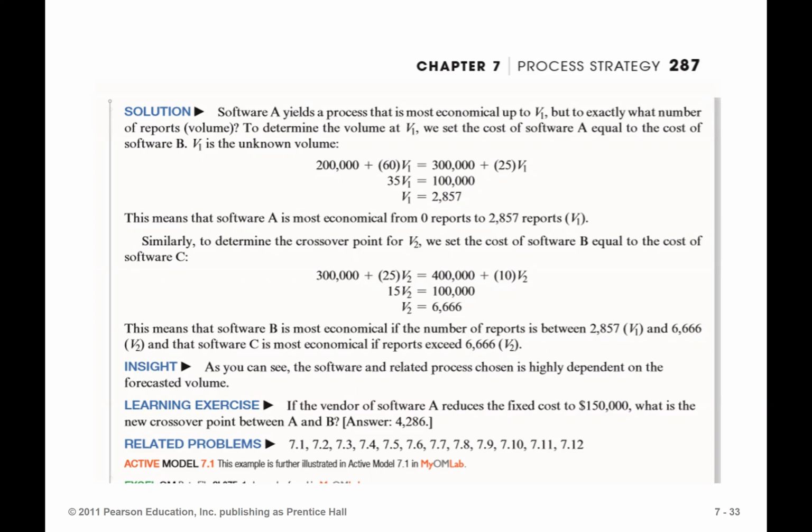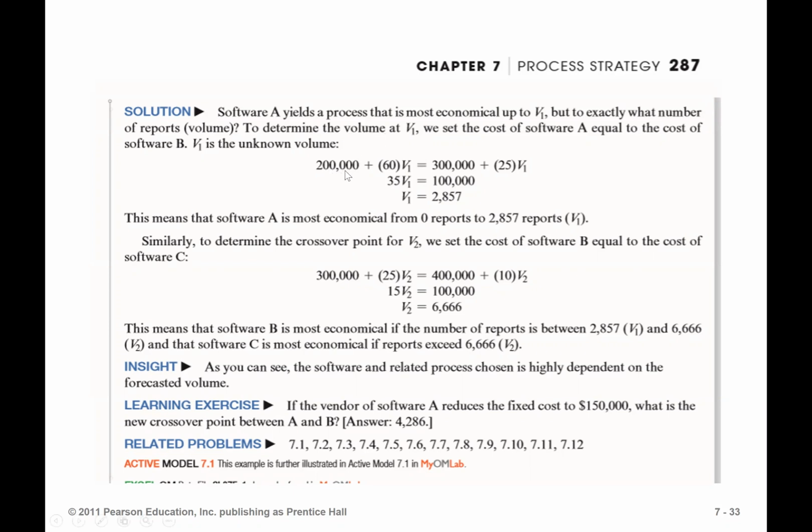So we set the cost of software A equal to the cost of software B. Now we're going to set up an equation because the total cost will be the same, right? Because right at that point, they're going to cross over. So V1 is unknown, right? That's what you're trying to find. What's that volume?